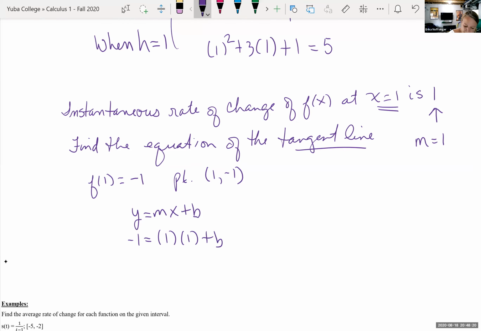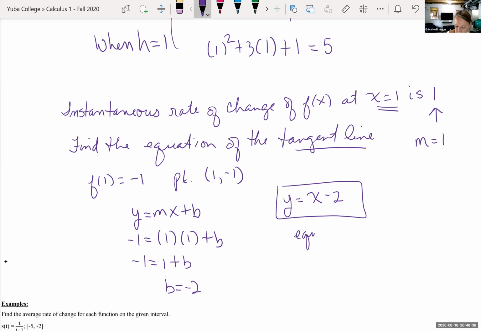So I get negative 1 equals 1 plus b. Subtract 1 on both sides, b is negative 2. So y equals my slope 1 times x, which is just x, minus 2. This is the equation of the tangent line.